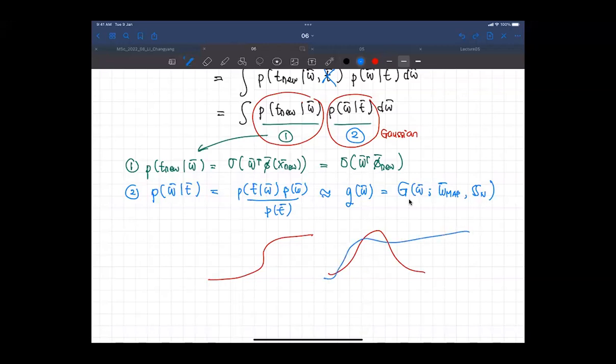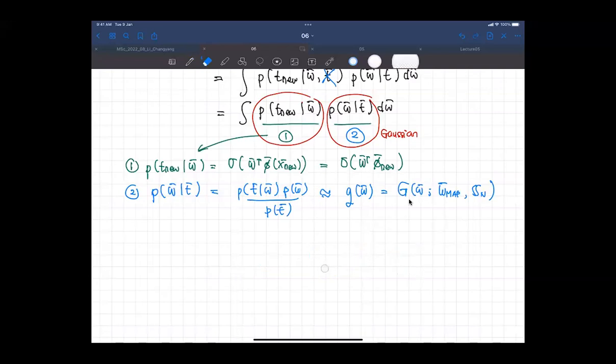It looks more like a sigmoid than a Gaussian. So we have a problem here. The multiplication doesn't look like a Gaussian. If you force it to be approximated like a Gaussian, it is a bad approximation. So we cannot use the Laplace approximation in this case. So we have to do something else.